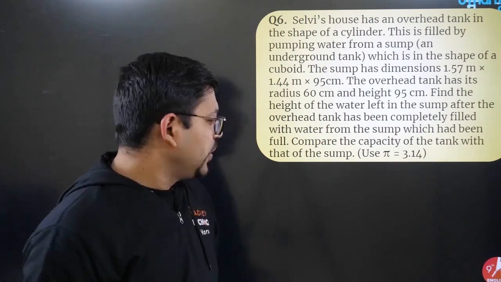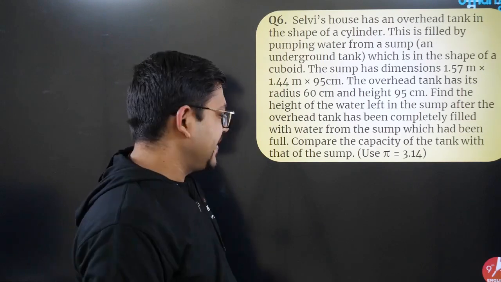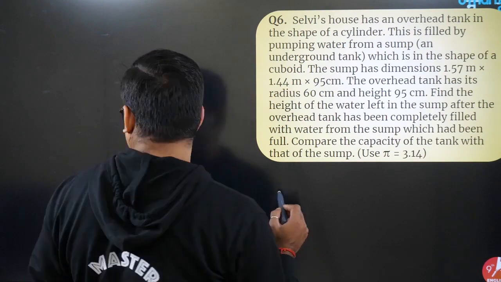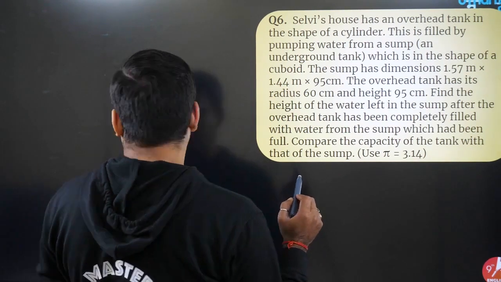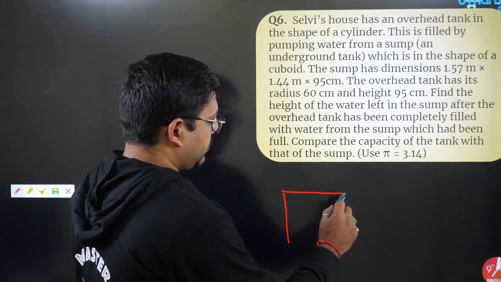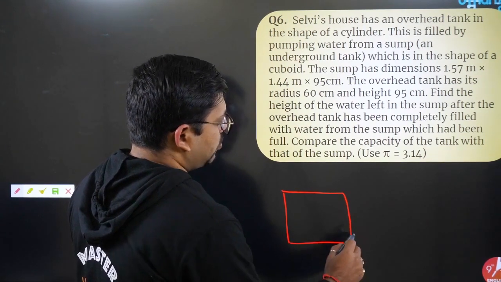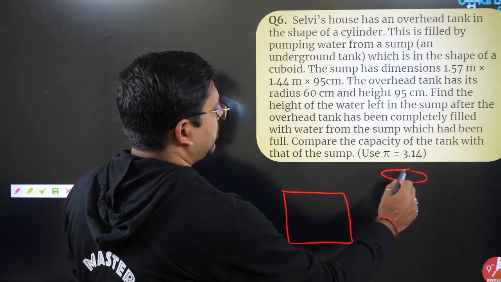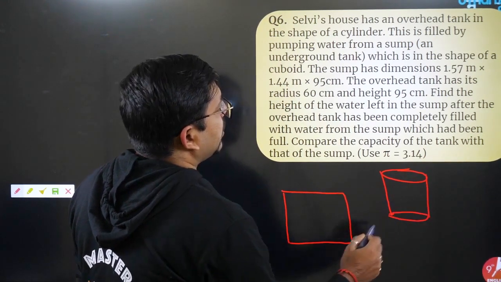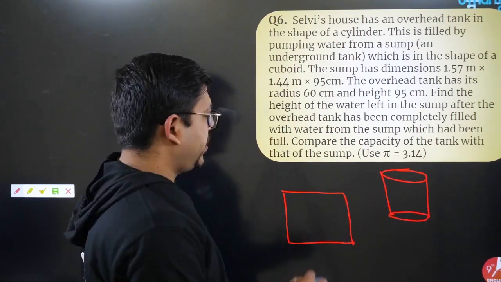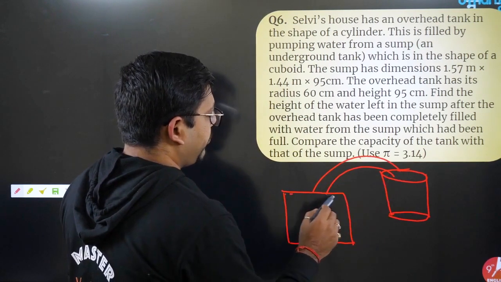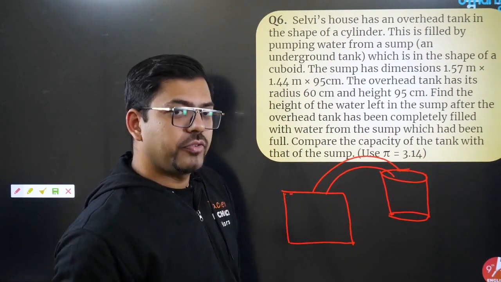Quite a big question. So let me just show you what it says. The question says that there is an underground cuboidal tank. From this cuboidal tank, a cylinder on the top has to be filled. So the water is up to the full, completely full.